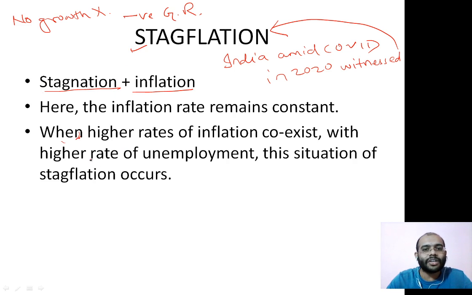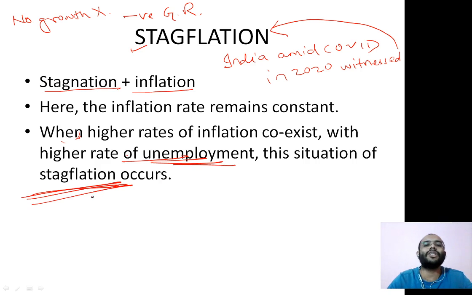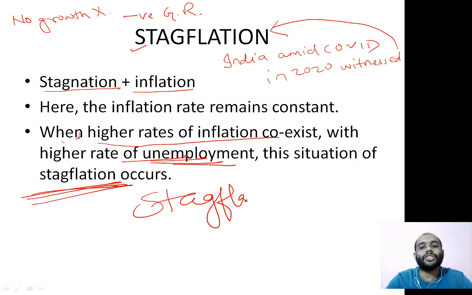Here inflation rate remains constant when higher rates of inflation coexist with higher rate of unemployment. This situation is known as stagflation. Remember, higher rates of inflation coexist with higher rate of unemployment, then this situation is termed as your stagflation.